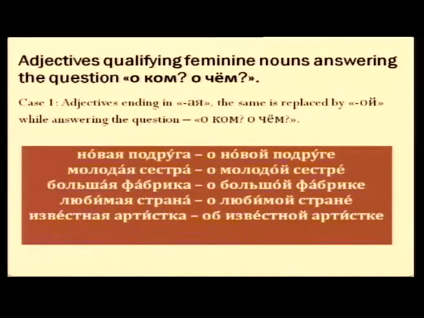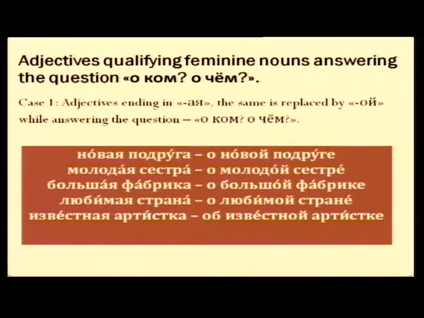So accordingly, now we know when to use о чём and о ком, but whenever a noun is ending with a vowel like об Антоне, об Инне, об Индии, об Америке, etc., if we have an adjective starting with a vowel, об will be placed, such as in the case of об известной артистке. Please pay attention to this example once again. Известная артистка has been changed into об известной артистке.